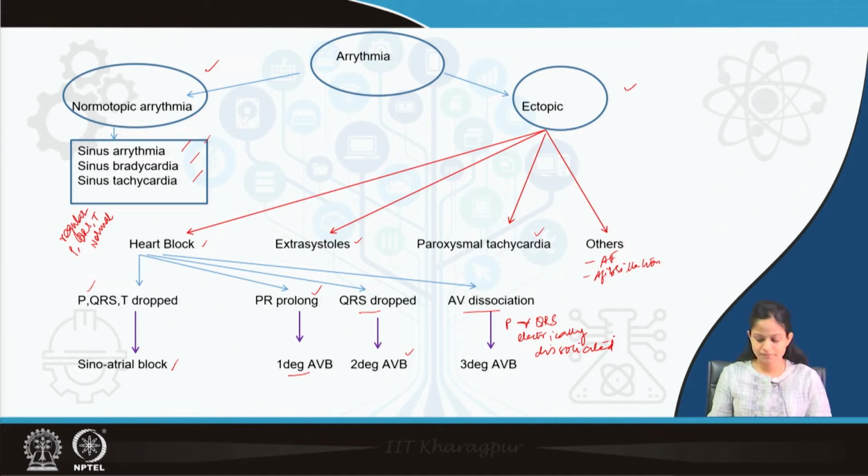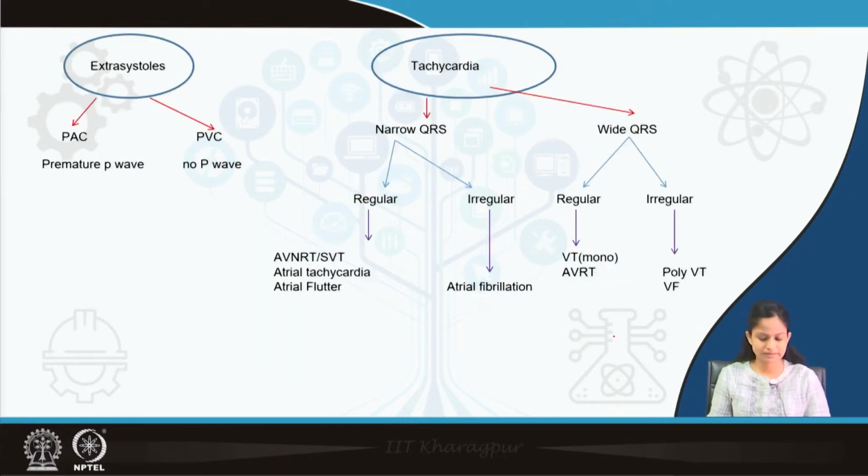Now, the paroxysmal tachycardia. Paroxysmal means it arises suddenly and ends suddenly. Another way of classifying tachycardia is based on narrow QRS complexes and wide QRS complexes. Narrow QRS complexes means the QRS is less than 0.12 seconds, and wide QRS complexes means more than 0.12 seconds.